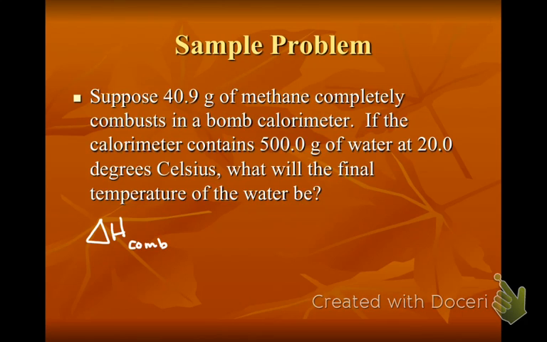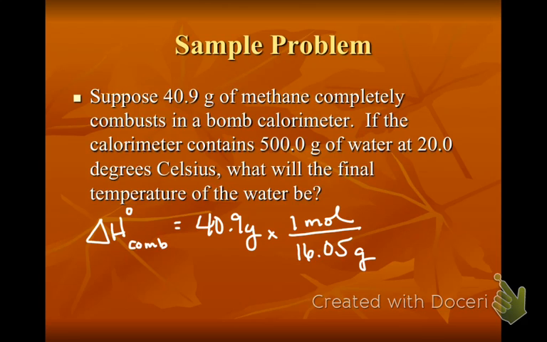We've got our 40.9 grams, and we know that for methane, CH4, it's going to take 16.05 grams per mole. And then all we need to know is for every 1 mole of methane combusted, how much energy is it going to release? So that is on your reference sheet.